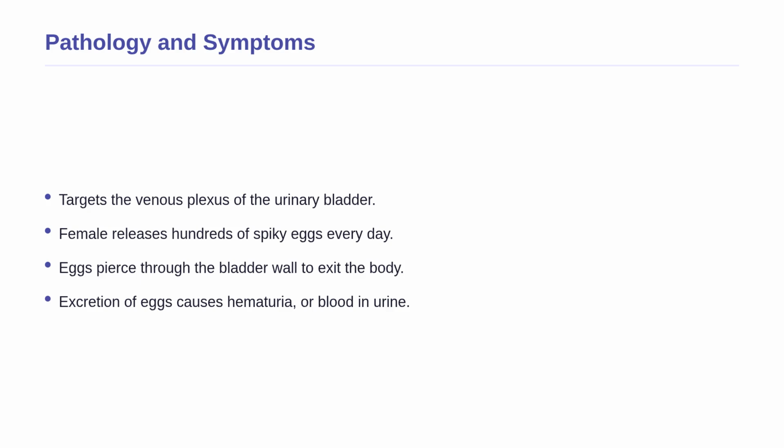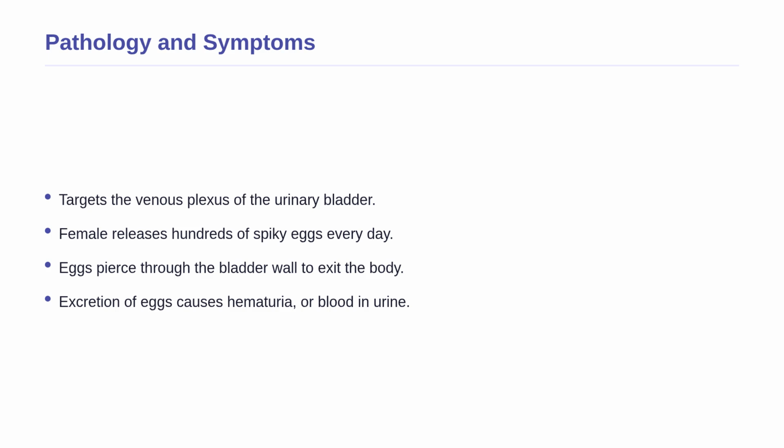With the adult worms settled in the body, we must understand the damage they cause. The paired worms specifically target the venous plexus, a network of veins surrounding the urinary bladder. The real danger does not come from the worms themselves, but from their offspring. The female releases hundreds of spiky eggs daily.